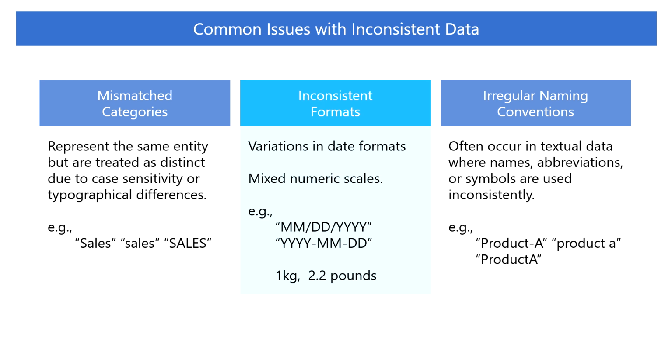This includes variations in date formats such as MMDDYYYY versus YYYYMMDD, or mixed numeric scales like kilograms and pounds. Irregular naming conventions. These often occur in textual data where names, abbreviations, or symbols are used inconsistently. For example, Product A, product a, and Product-A might all refer to the same product but are stored differently.